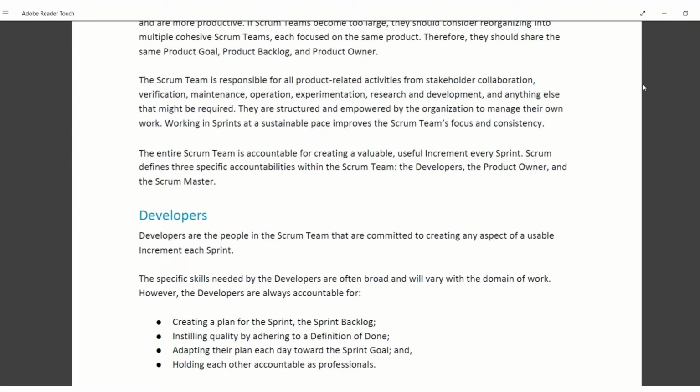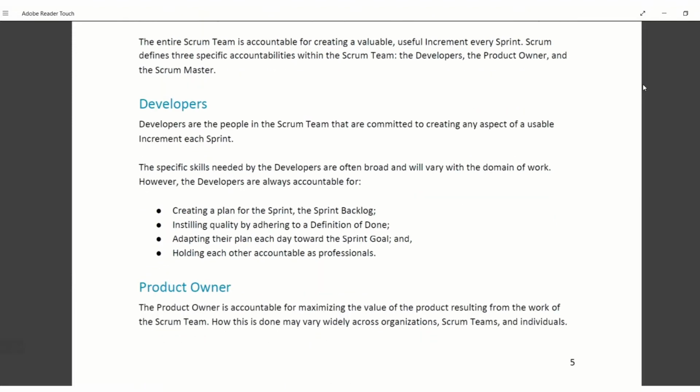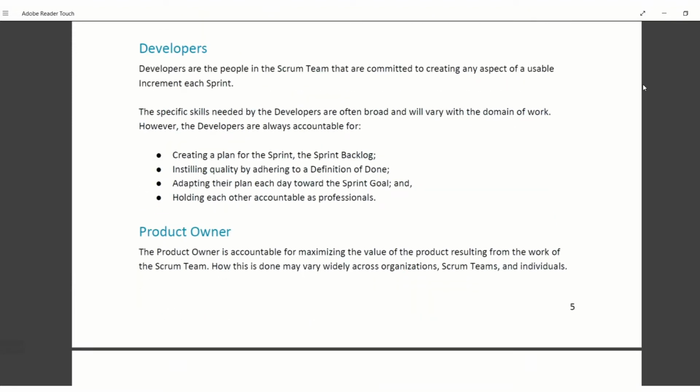Scrum defines three specific accountabilities within the Scrum team: the developers, the product owner, and the Scrum Master. Developers. Developers are the people in the Scrum team that are committed to creating any aspect of a usable increment each sprint. The specific skills needed by the developers are often broad and will vary with the domain of work.